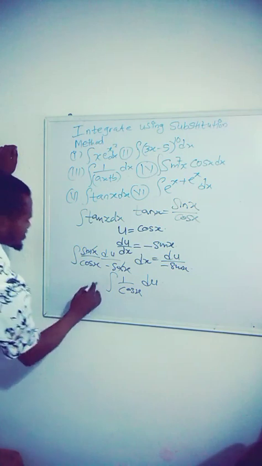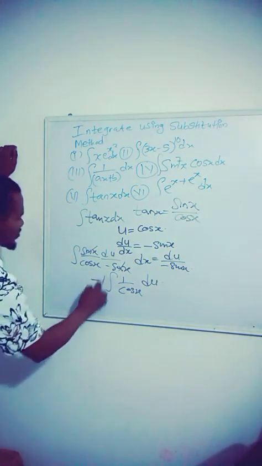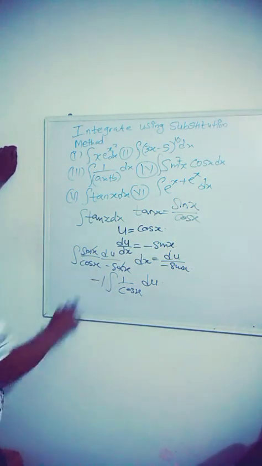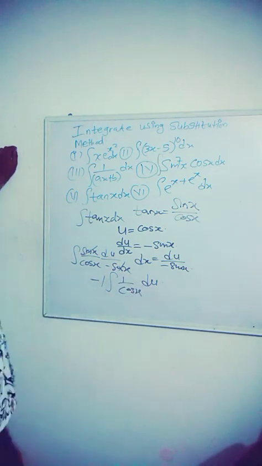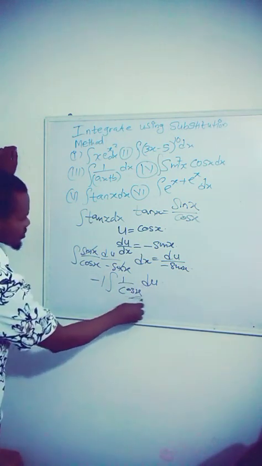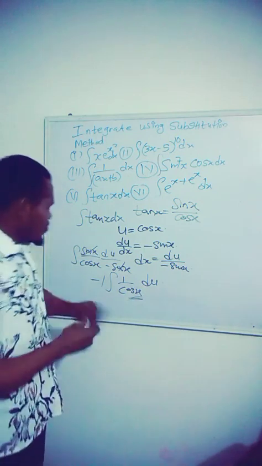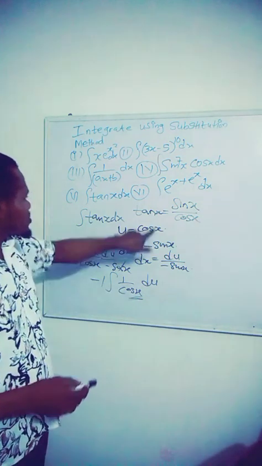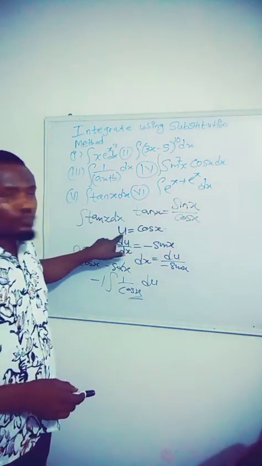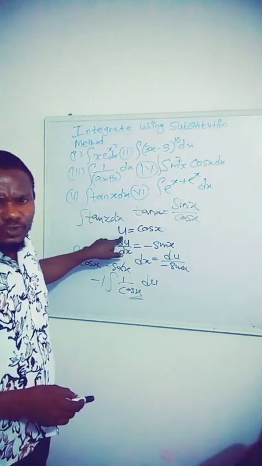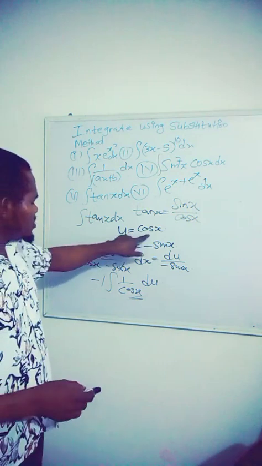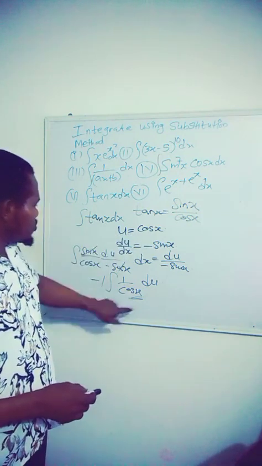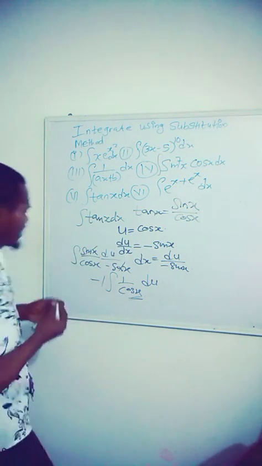We are left with negative 1 outside, so we are left with 1 over cos x du. And don't forget that cos x is u, so we replace it.